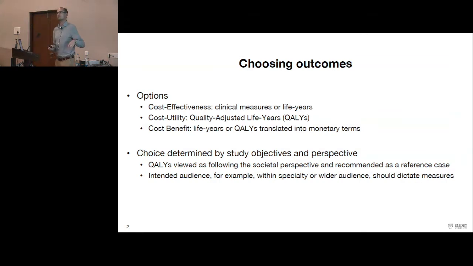This type of analysis would be called cost-effectiveness analysis, which is a term that I've been using pretty much constantly up to now, and I will continue to do that.